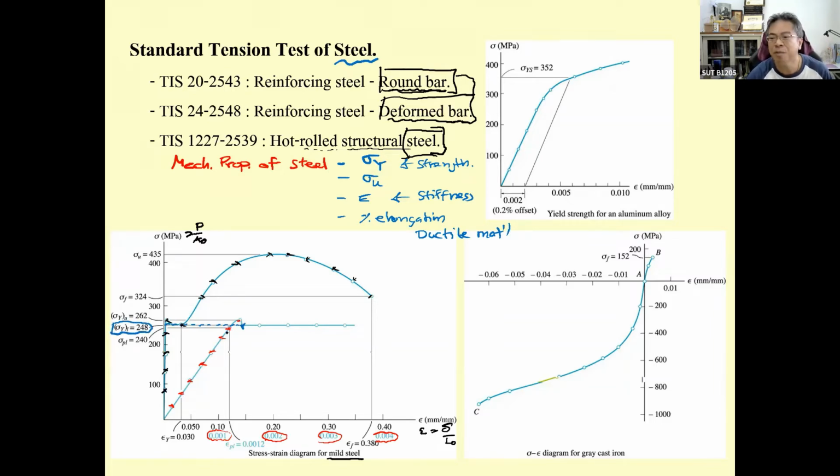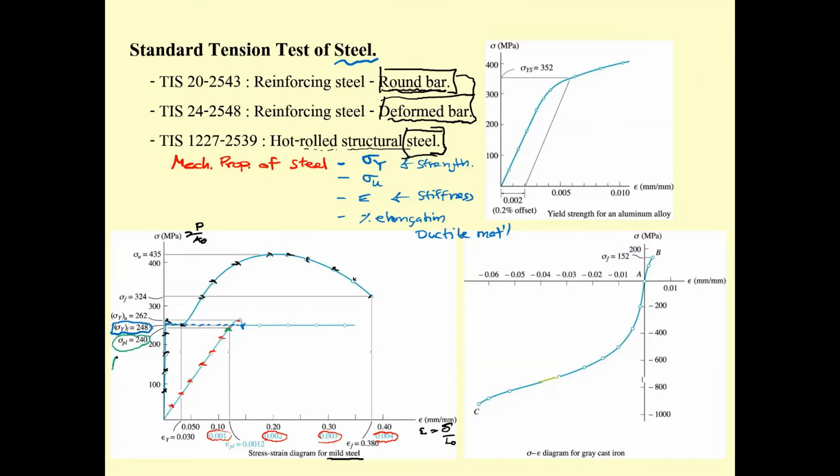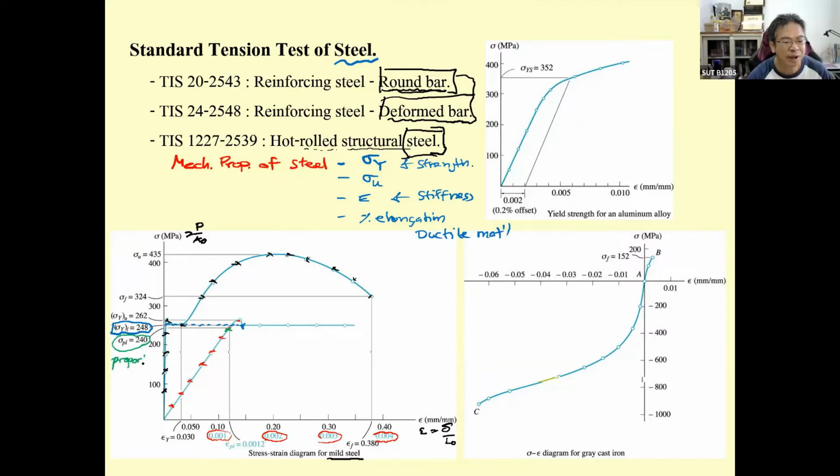But near this point there are some other important properties: this one is the stress called PL, the proportional limit. And then there is also the upper yielding. These 3 points are very close to each other, but we have to select one to use, and we use the sigma sub y to represent the strength of the material.